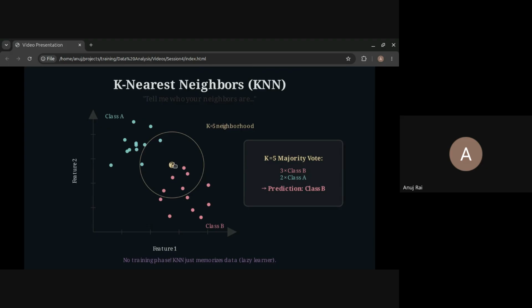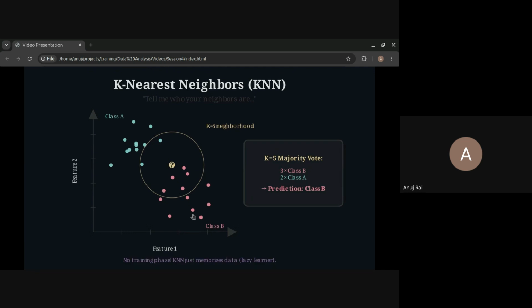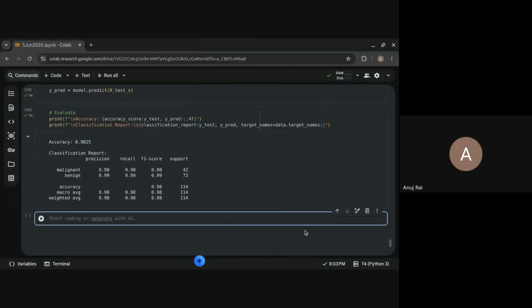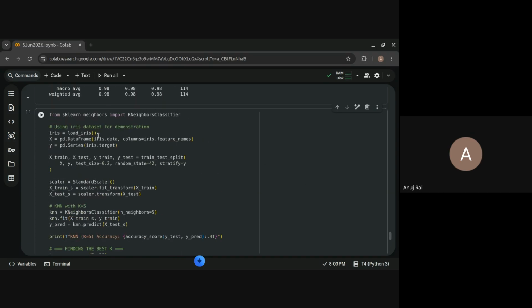So that's how it will classify this point into this class. Here we are using the iris dataset, same steps.